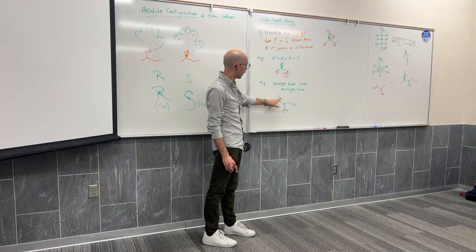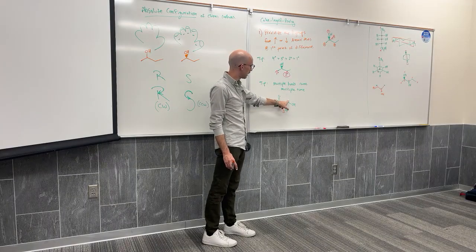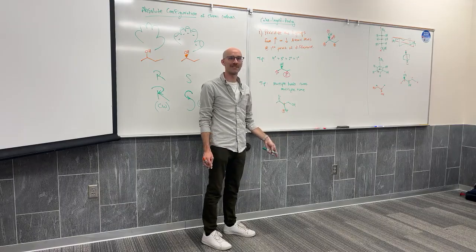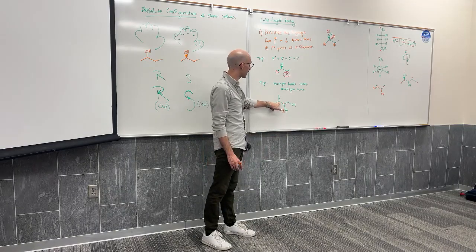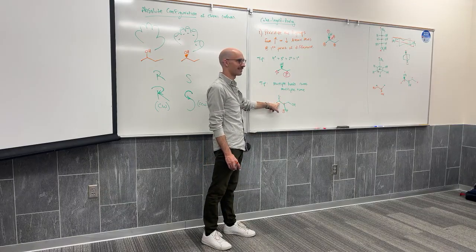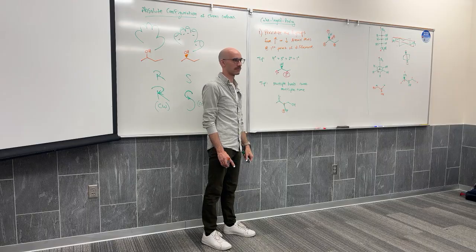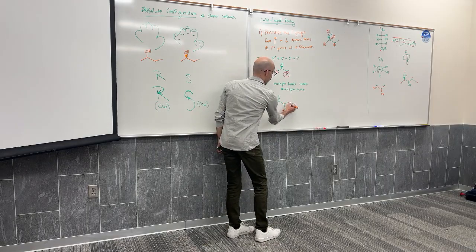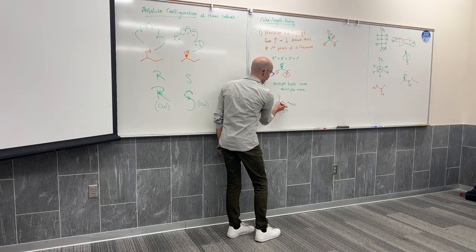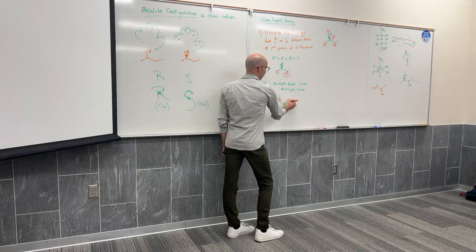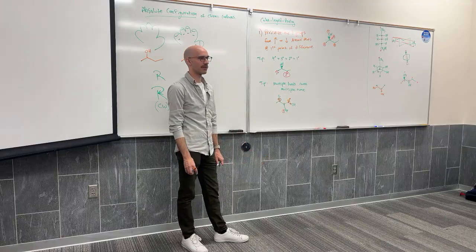Then I've got a bond to oxygen, and then a bond to oxygen. No point of difference. But then I've got a second bond to carbon, all right, oxygen, and here I run out and I only have a bond to hydrogen. So the carbon is not a point of difference. The bond to oxygen is not a point of difference. But the second bond to oxygen versus a bond to hydrogen is a point of difference.